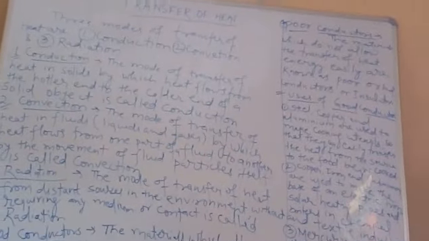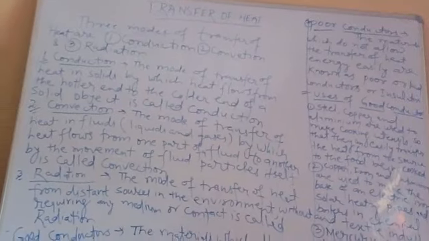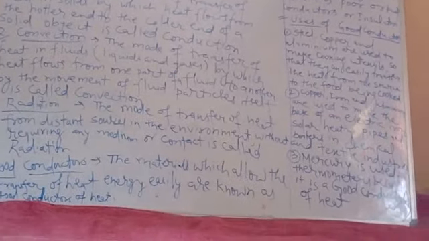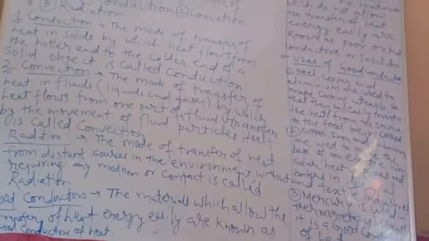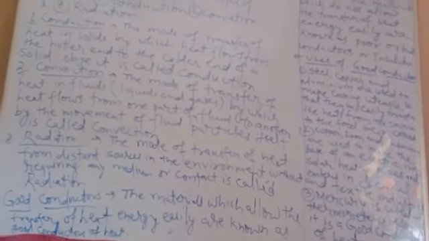The spoon warms up. Why does this happen? This happens because heat flows from a body at a higher temperature to a body at a lower temperature. This flow of heat continues till both the bodies acquire the same temperature.